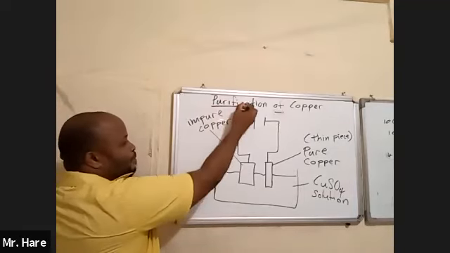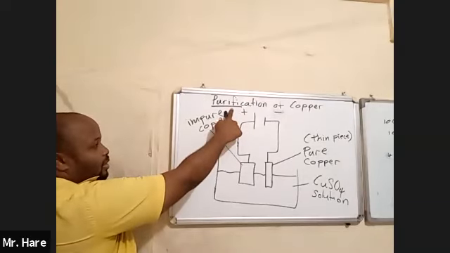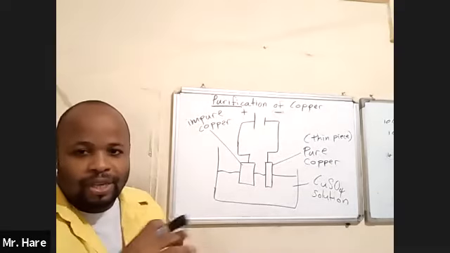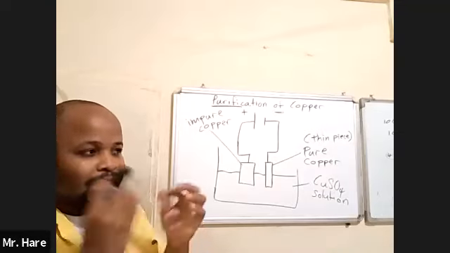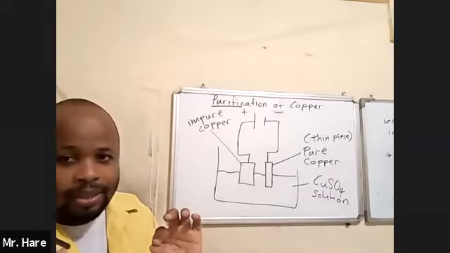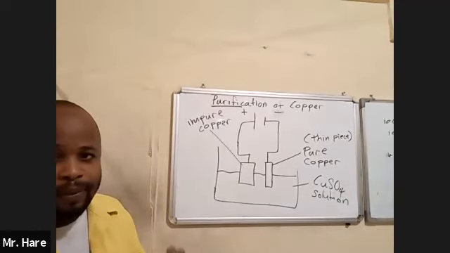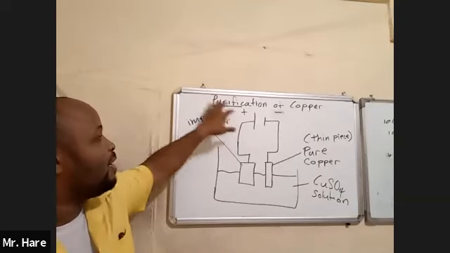So we're purifying copper, right? So it's in an impure form. So impurities are on it, but you want clean, just copper only. So just want pure copper, no impurities on it. So that is why we're saying we're purifying it.